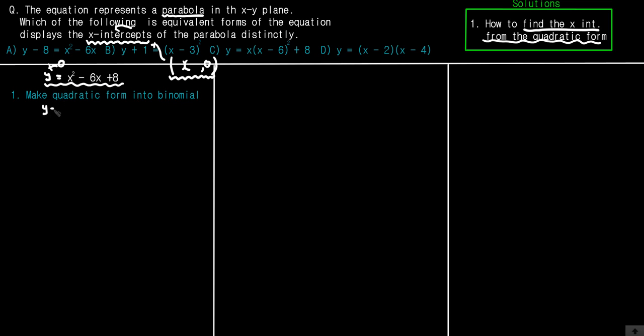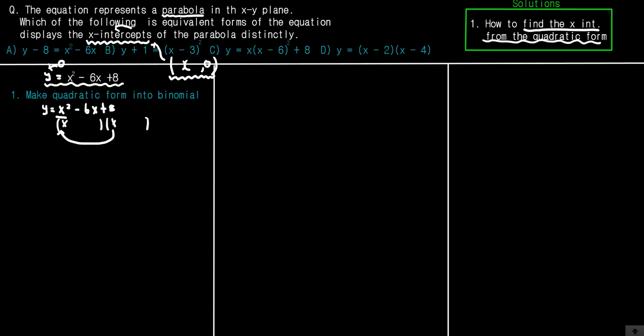So y is equal to x squared minus 6x plus 8, and we can think about converting it to a binomial. According to the binomial theorem, there will be two binomials, with an x and an x, and x times x makes x squared.